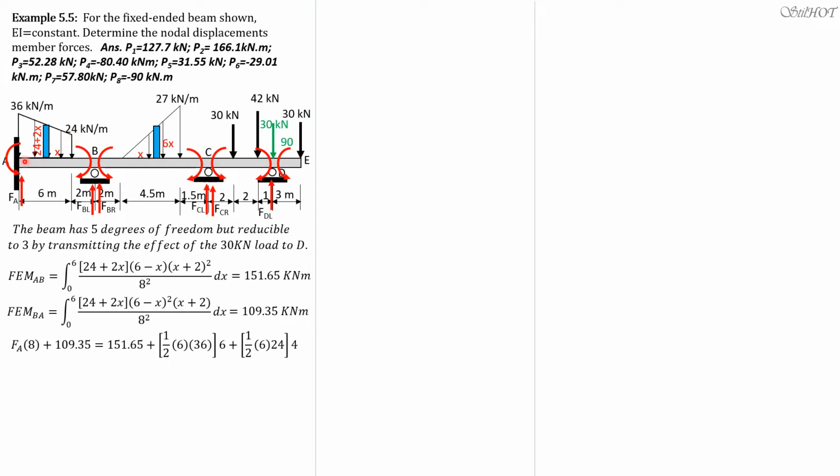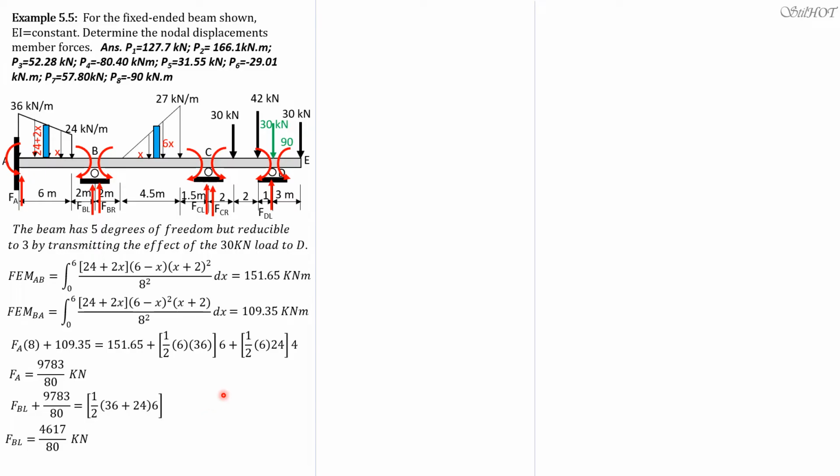Then plus 1/2 of 6 times 24, moment arm is 2 plus 2, so 4. So FA is 9783 over 80 kilonewton. Summation forces Y equals 0. FBL plus FA equals area of the trapezoid, 1/2 times 36 plus 24 times 6. So FBL is equal to 4617 over 80 kilonewtons.